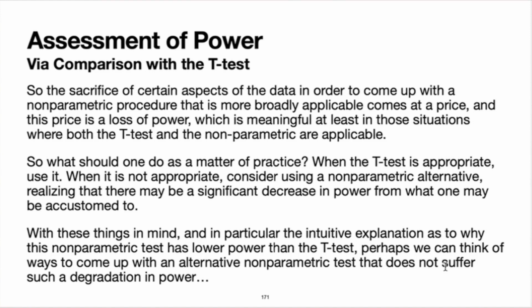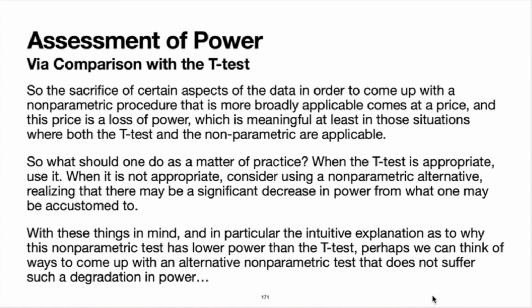Now, with these things in mind, and in particular, the intuitive explanation as to why this nonparametric test has lower power than the t-test, perhaps we can think of ways to come up with an alternative nonparametric test that does not suffer such a degradation in power.